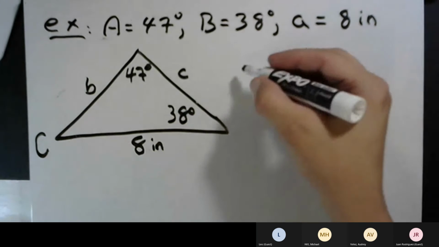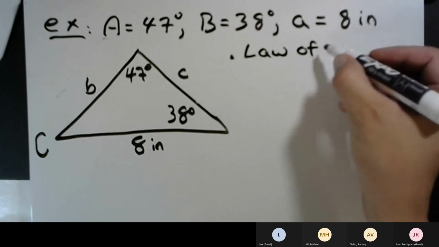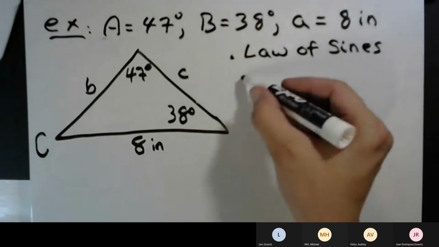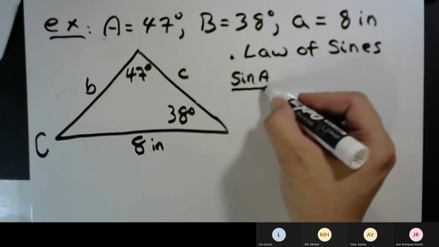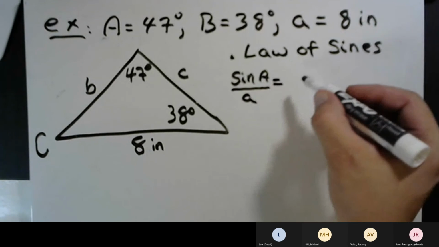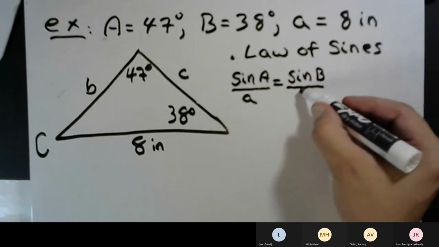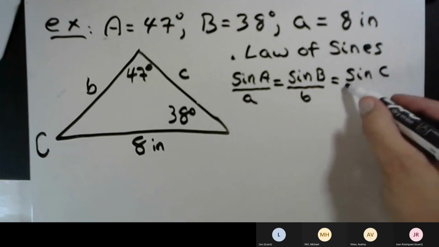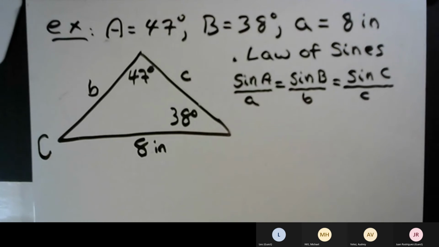And the law of sines is this: sine A over A, sine B over B, sine C over C. That's the law of sines.